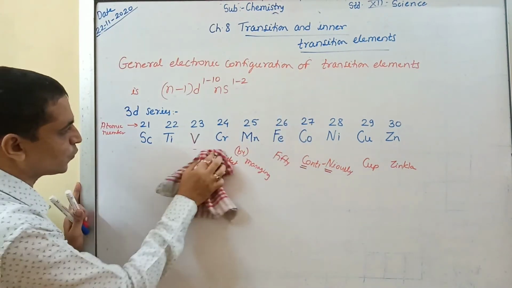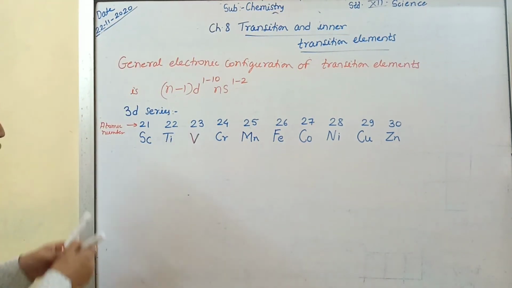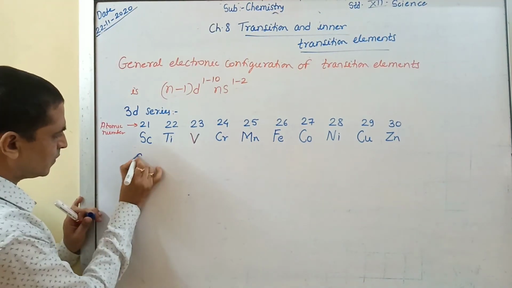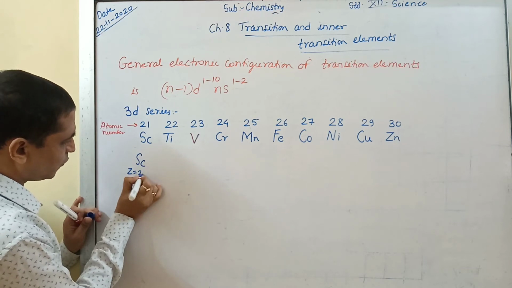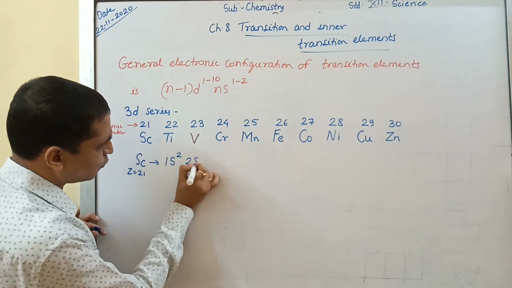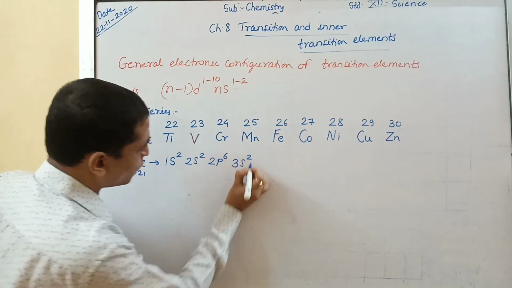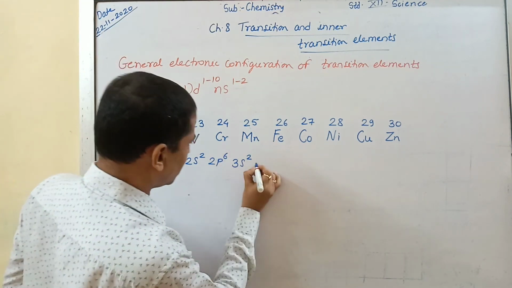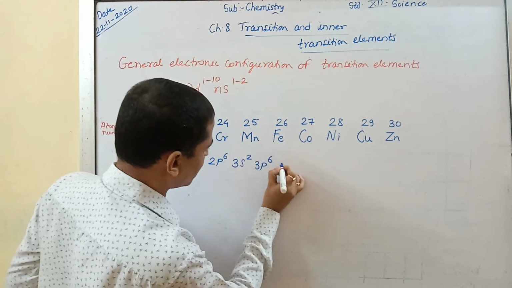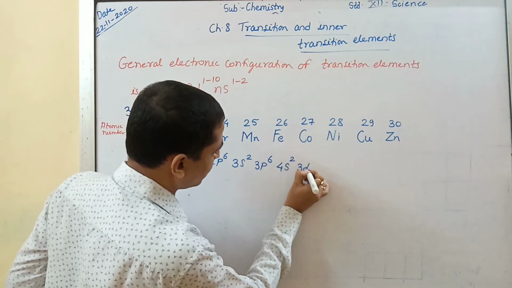Let me rub this also. Let us start with the electronic configuration of scandium. For scandium, Z is equal to what? 21. Here you get 1s2, 2s2, 2p6, 3s2, 3p6, 4s2, 3d1.